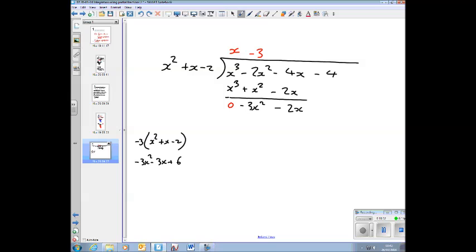What goes underneath? Minus 3x squared minus 3x plus 6. And bring this minus 4 down, so that's the next one. And then I work out the remainder. Again, it's designed so this minus 3x squared minus minus 3x squared is plus 3x squared, which is 0.